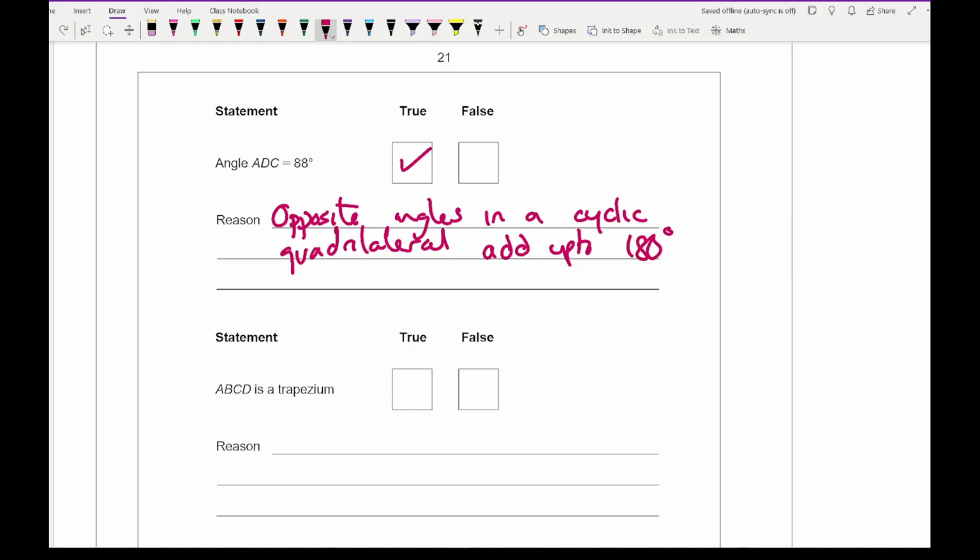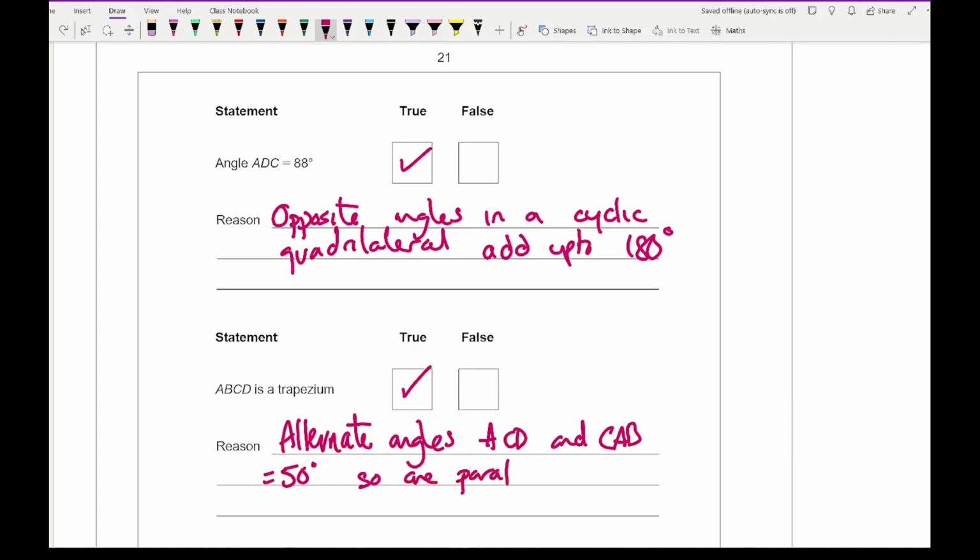And then the next statement says ABCD is a trapezium. That is also true, and again the reason for that is because alternate angles ACD and CAB equal 50 degrees, so are parallel. And obviously in a trapezium you have a set of parallel lines.